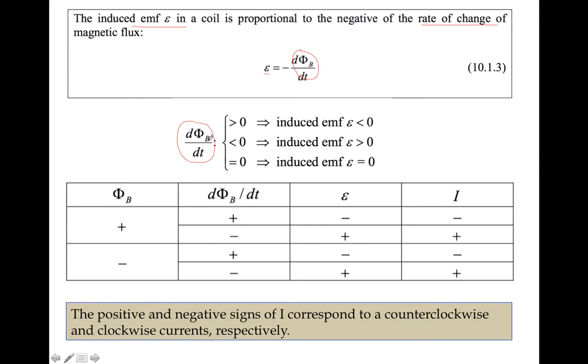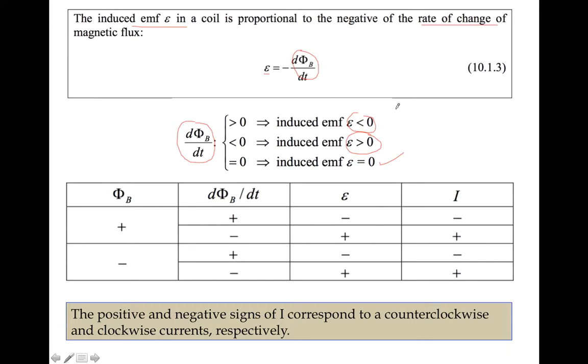If the rate of change of the flux is positive, then positive multiplied by negative is negative, so the induced EMF is less than zero. If it is negative, then negative multiplied by negative is positive, so the induced EMF is greater than zero. And if it is equal to zero, of course, the induced EMF is zero.